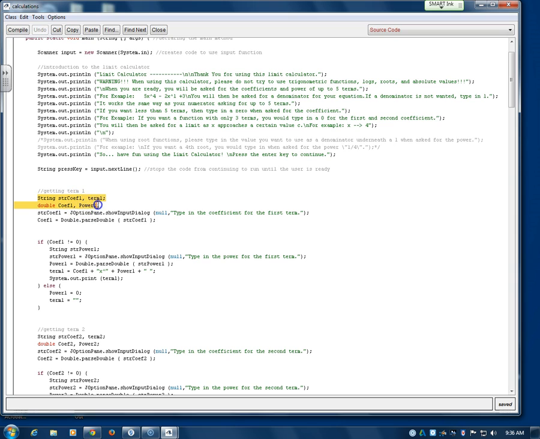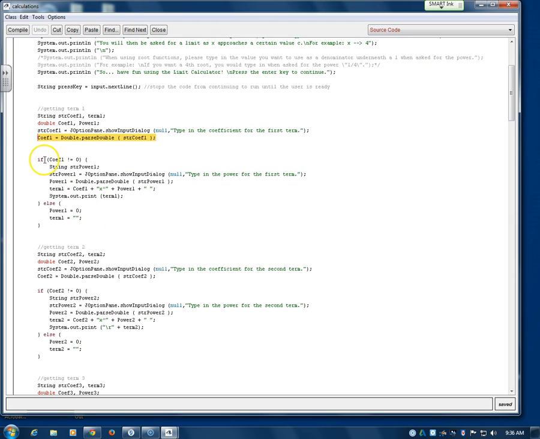So it declares all the stuff I need for finding the terms. It creates the string for getting the input of the coefficient for term 1. You'll see how those are used later. First it outputs an input dialog asking what they want the first coefficient for the first term to be, and then it converts that string to an integer. Then it enters an if statement.